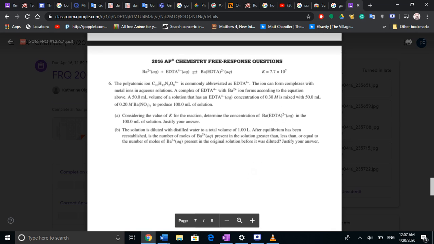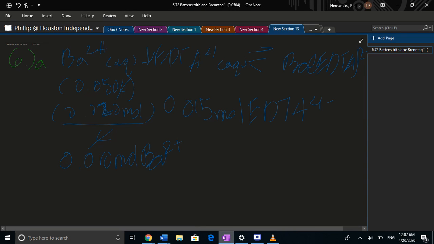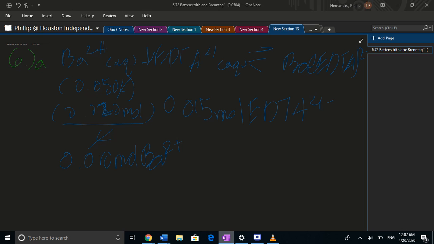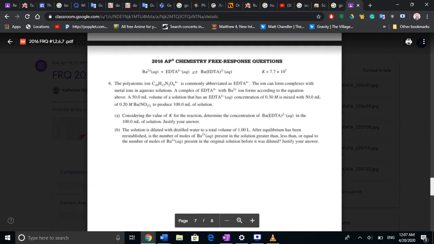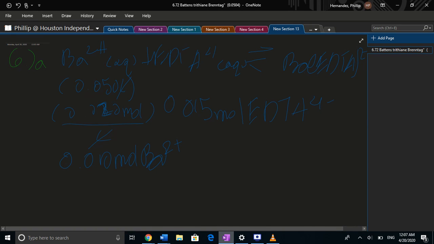Now they ask us to find the concentration of our product in the 100 milliliter solution. So now that we converted everything into moles, we need to convert it back into molarity, in respect to the entire container as a whole.